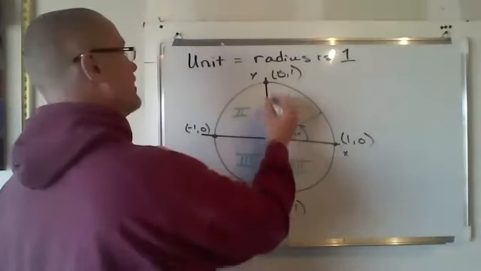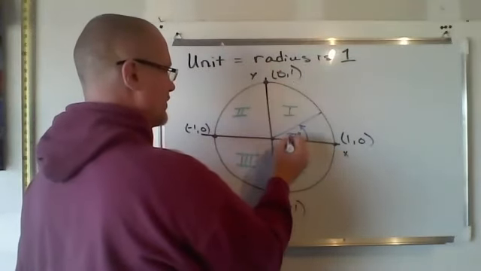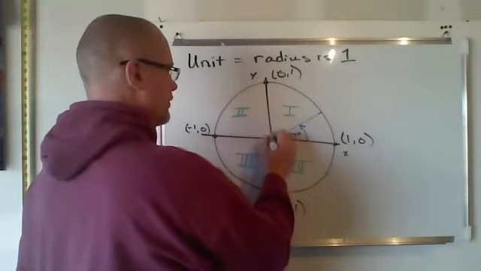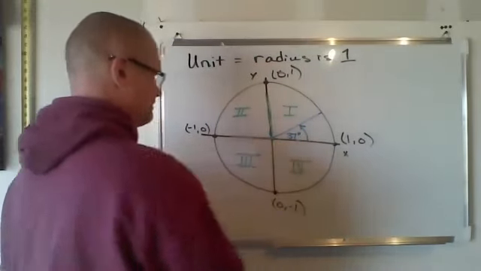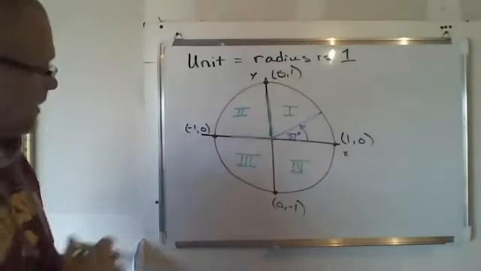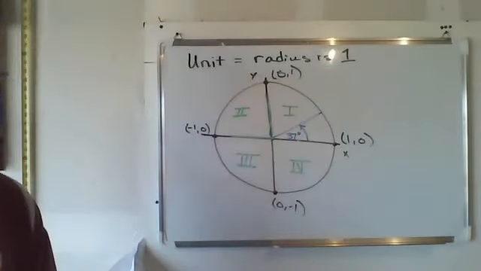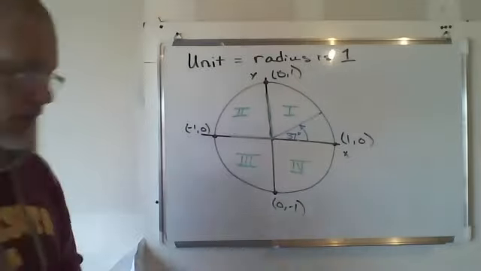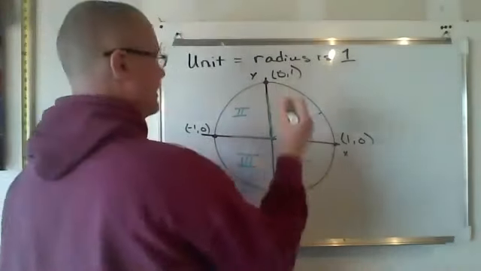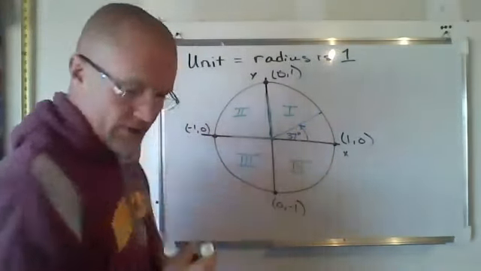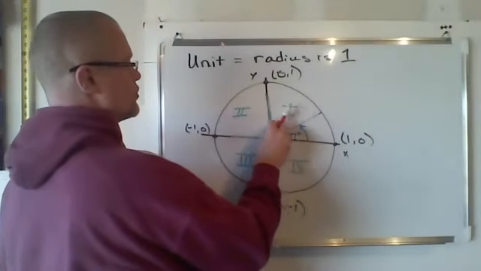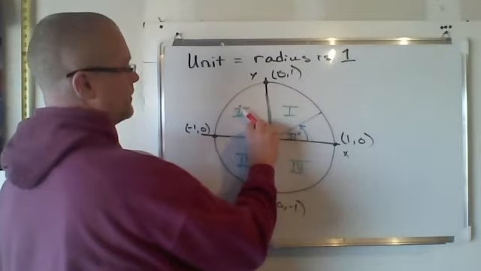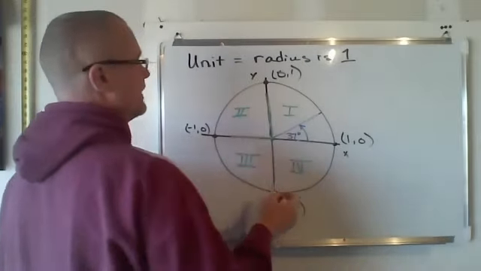Well, you're right. I have to spin somewhere between 90 degrees, which would be straight up and down, and 180 degrees. As long as my rotation is somewhere between 90 and 180 degrees, I'm going to be in quadrant 2. So let's use red and say I spin 120 degrees.